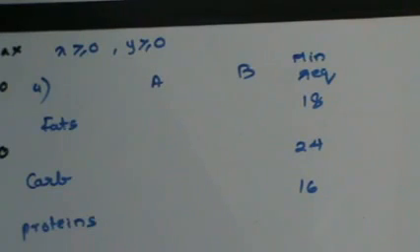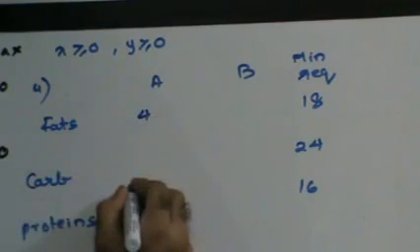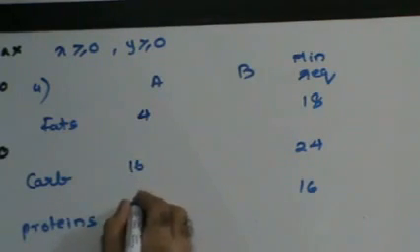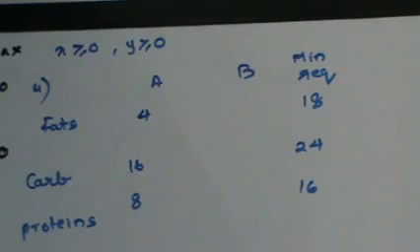1 kg of food A contains 4, 16 and 8 units of these ingredients.